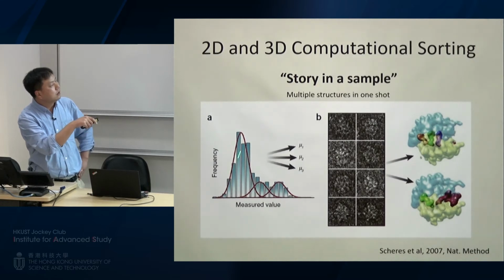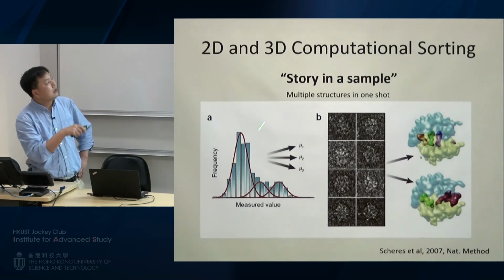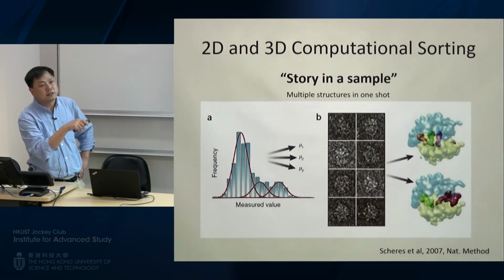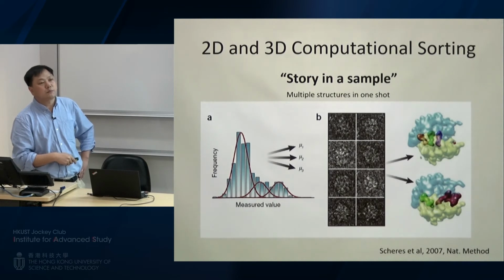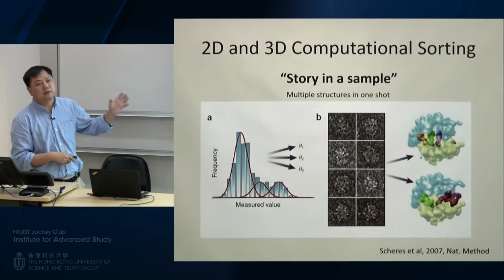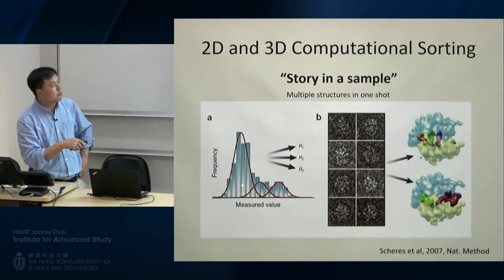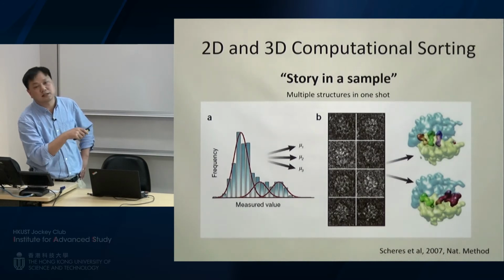For example, in a data set, except the major population, we often have other minor populations. So if we can do 3D classification, that means separate the particles into different groups and then perform 3D reconstruction within each group, we might be able to get multiple structures from a single data set.